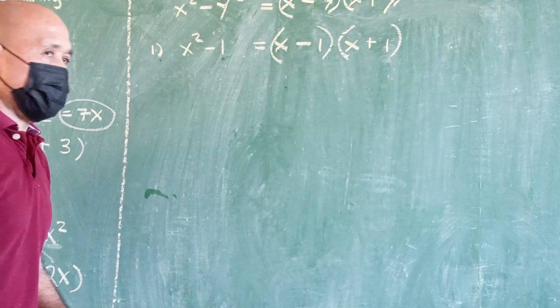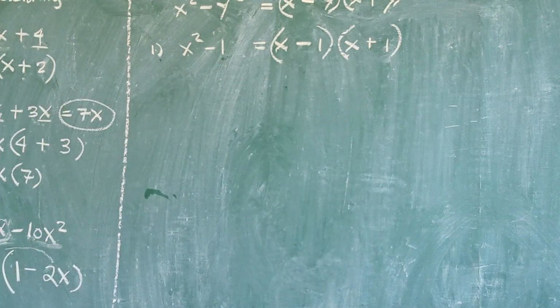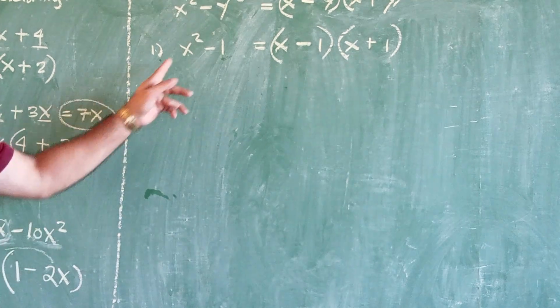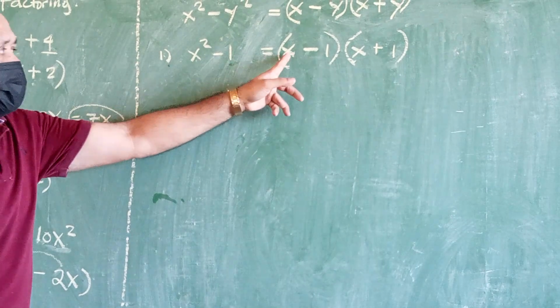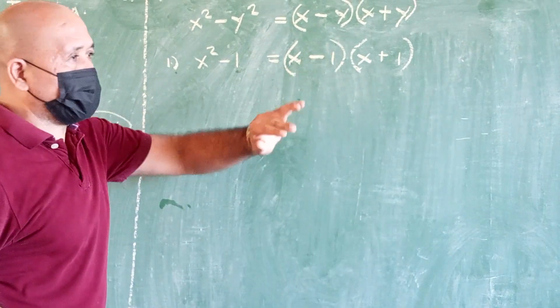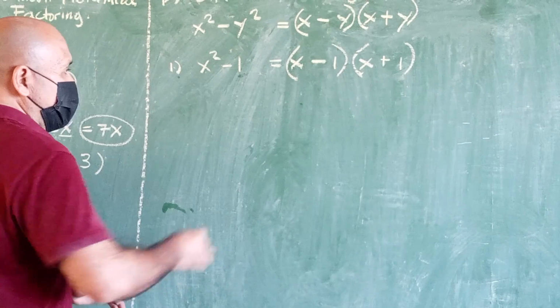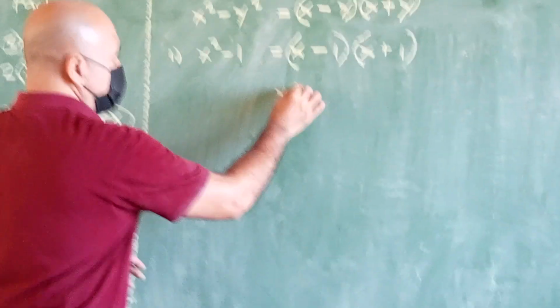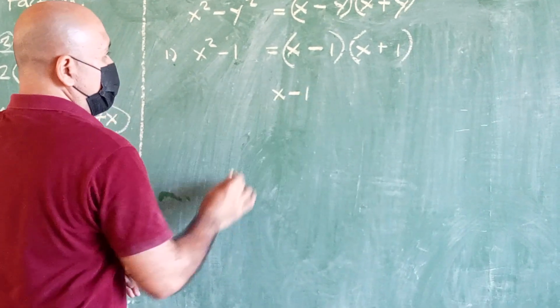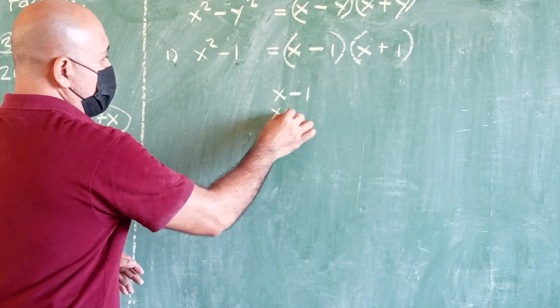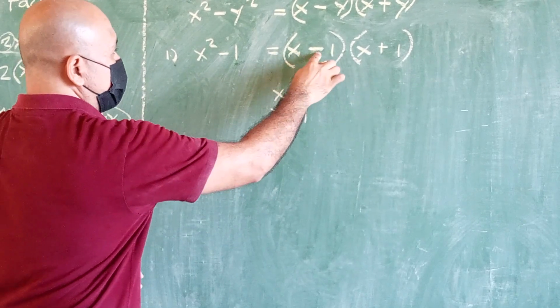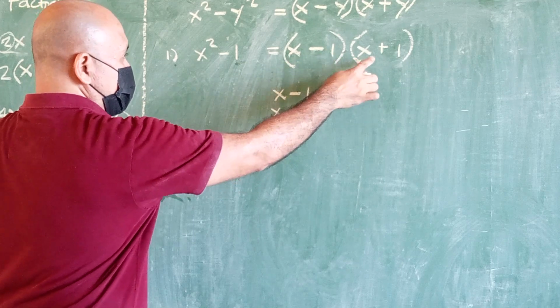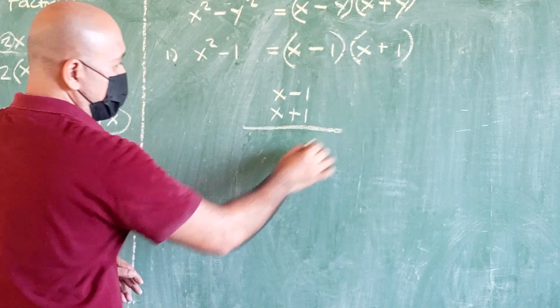And maybe you are confused and have this doubt in your minds. Is it really correct that the factors of x squared minus 1 are x minus 1 and x plus 1? Just simply, class, you can check your answer if it is correct. Just multiply your factors. Multiply x minus 1 and x plus 1, like this.